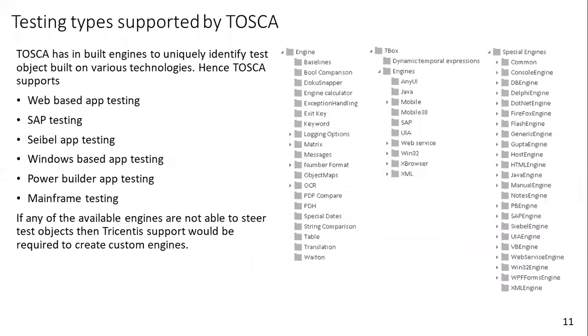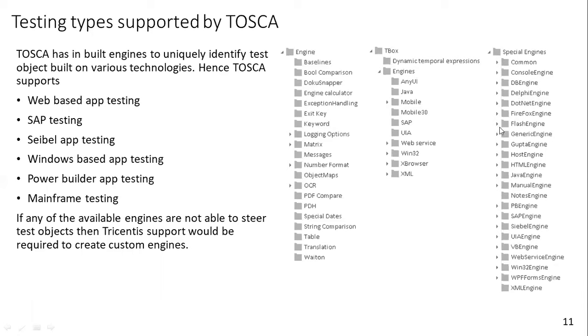Okay, now how does TOSCA identify various types of applications? Selenium identifies only web applications. In order for Selenium to work over different types of applications, it takes different libraries. Here also, libraries are considered as engines. Can you see? You have the DB engine, console engine, common engine, Delphi engine, .NET engine.